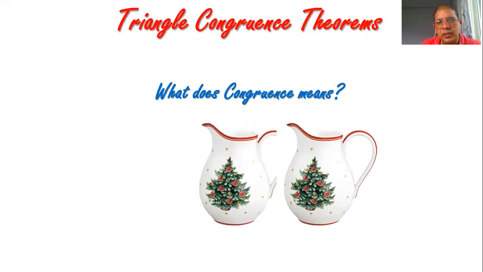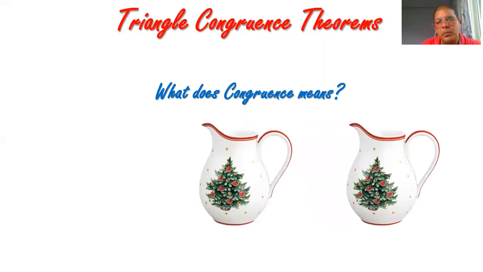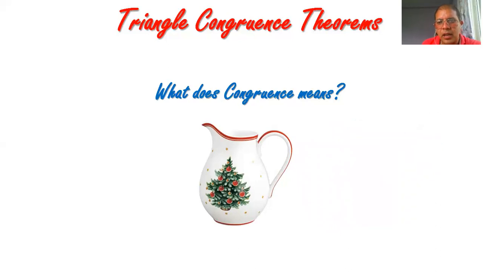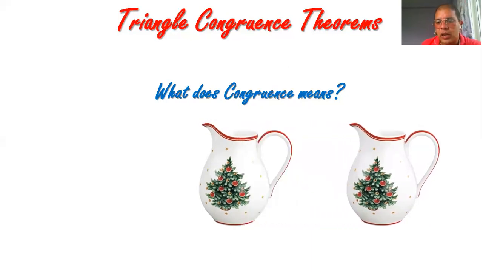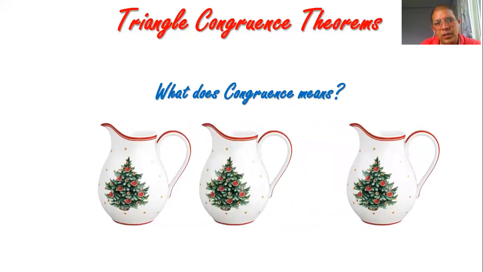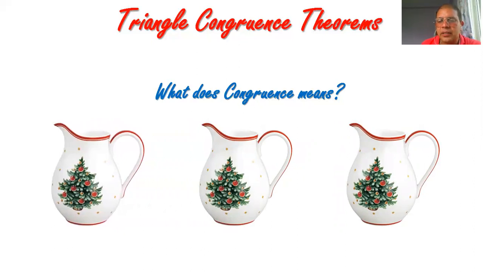Now look here. Both are exactly the same. Now this one is exactly the same as another. So these two are congruent. Now you can take another also. So these three figures are congruent. Then you can write down that these three figures are congruent with this symbol, don't forget.